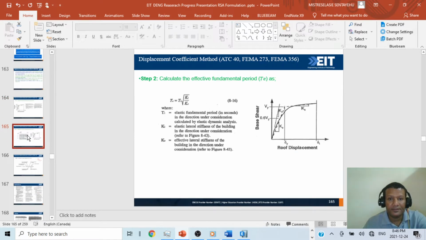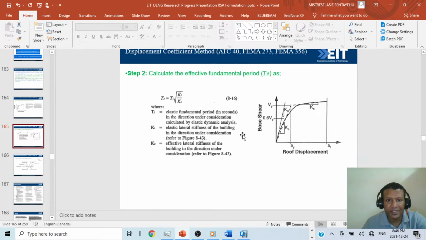Okay. The second step, calculate the effective fundamental period. This is the effective fundamental period: Te is equal to Ti times the square root of Ki over Ke, equation 8-16, where Ti, Ki, all are given.